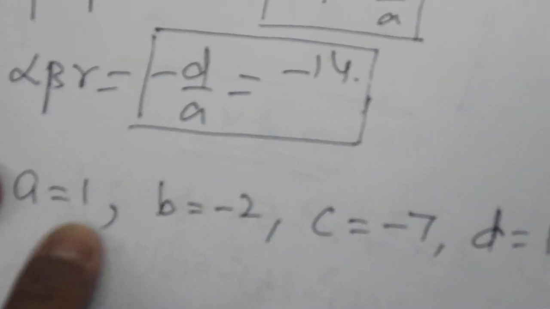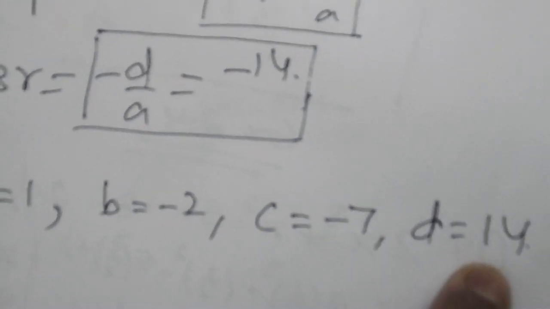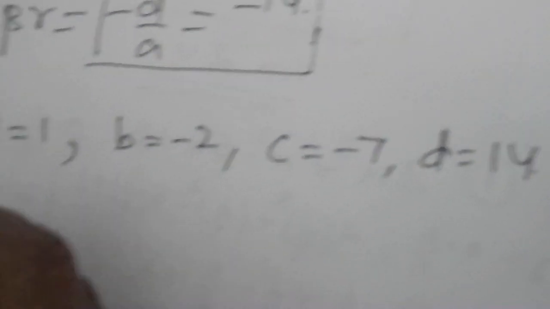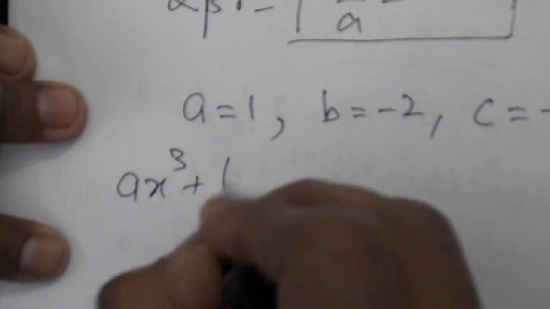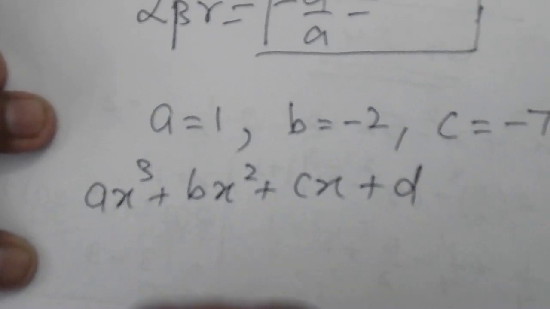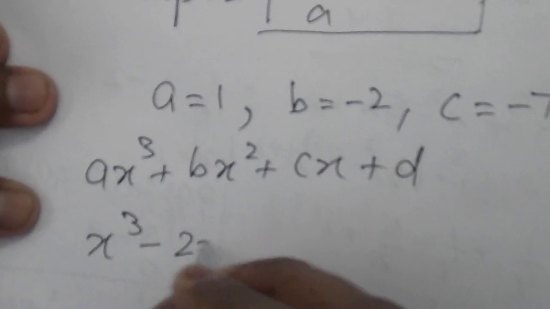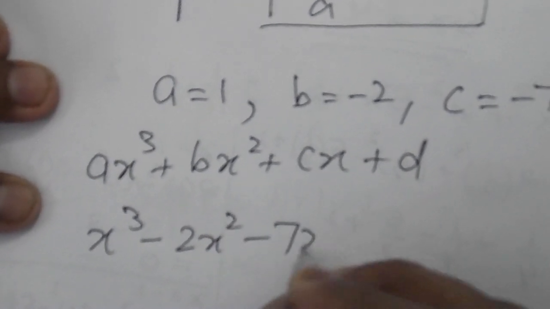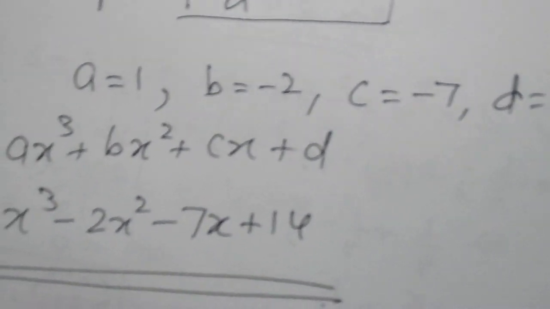A will be 1, B is -2, C is -7, and D is 14. Then the polynomial, which is ax cube plus bx square plus cx plus d, if we substitute these values, we get x cube minus 2x square minus 7x plus 14. So this is the required polynomial.